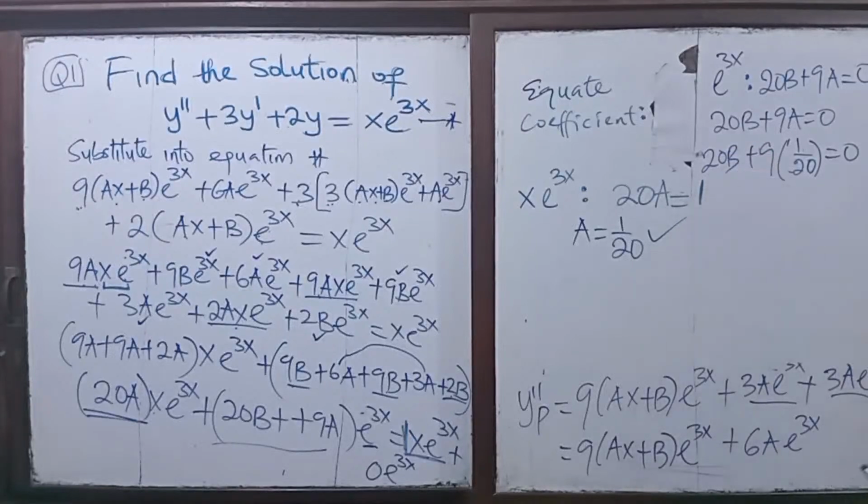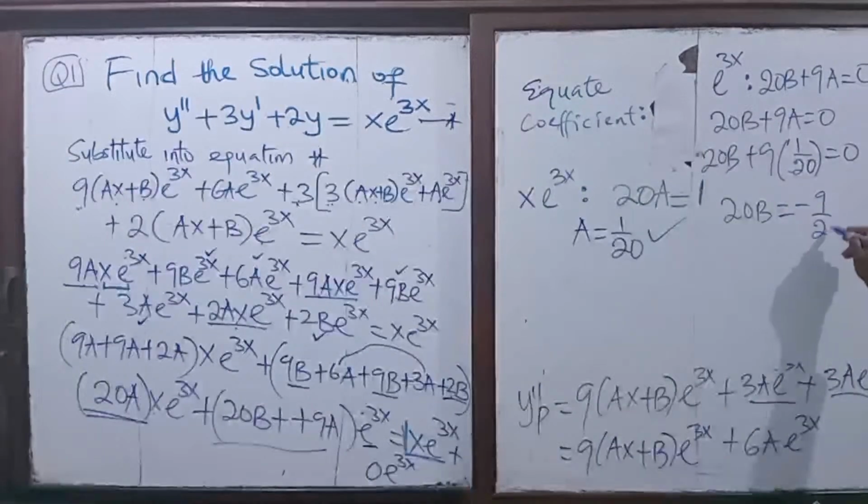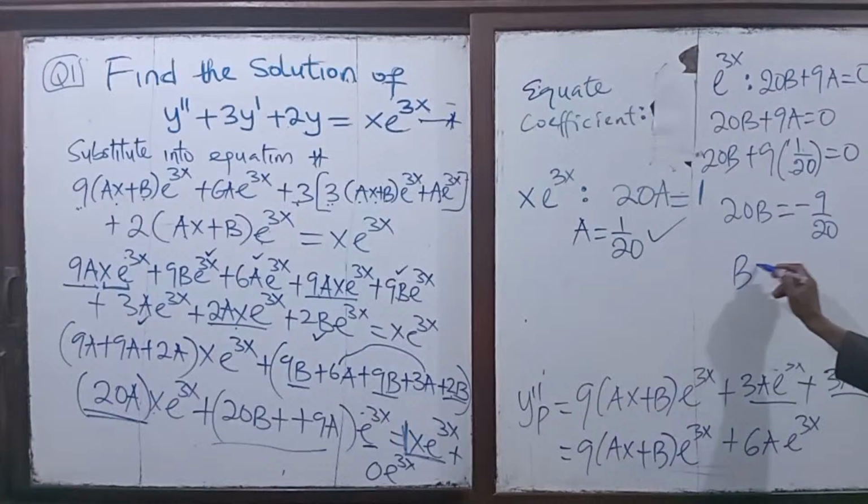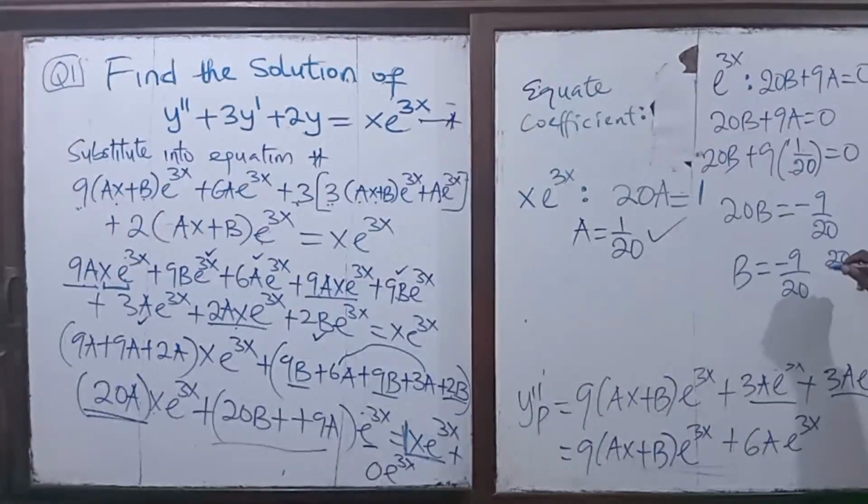Make the 20b the subject. So we have minus 9 over 20, and b will be equal to minus 9 over 20 divided by 20, which is times 1 over 20. And that will give us minus 9 over 400.